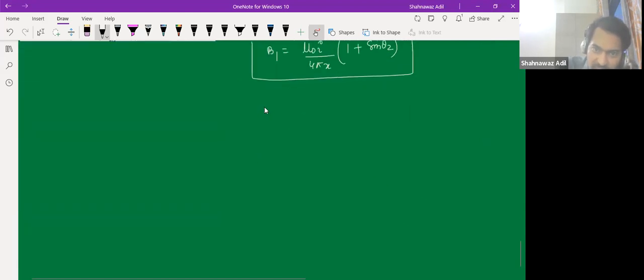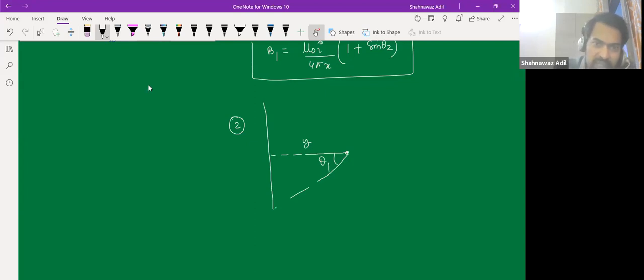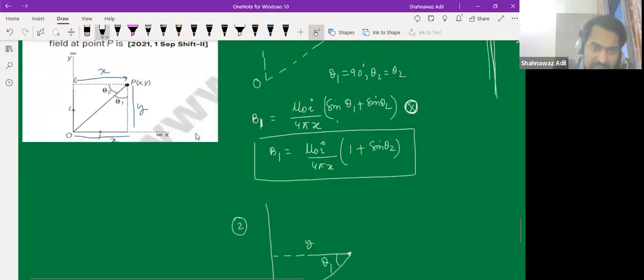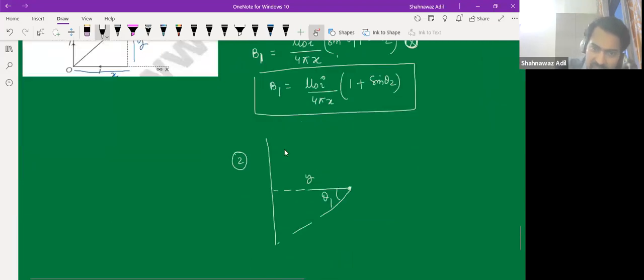And for wire 2, you have this distance, which is y. This angle is again, let's say theta 1. If I write this part here, this angle is theta 1 and the other angle is again theta 2, which is 90 degree, and theta 1 is theta 1.